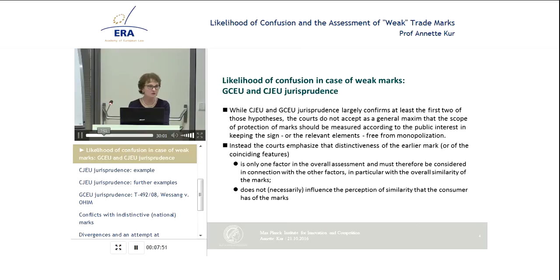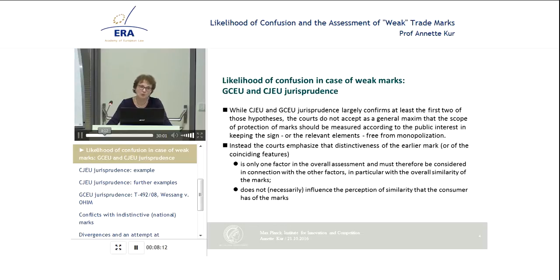It cannot rule out a finding of similarity that has been found with regard to the visual, oral, and conceptual elements. And also, it is said by the court that the distinctiveness of marks does not necessarily influence the perception of consumers.